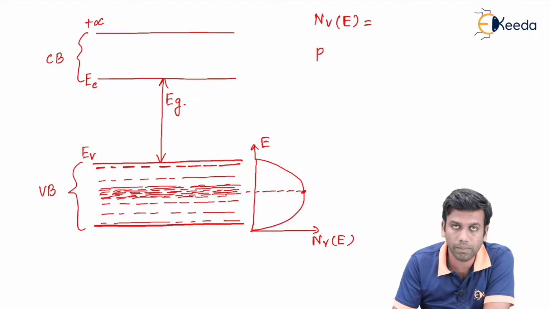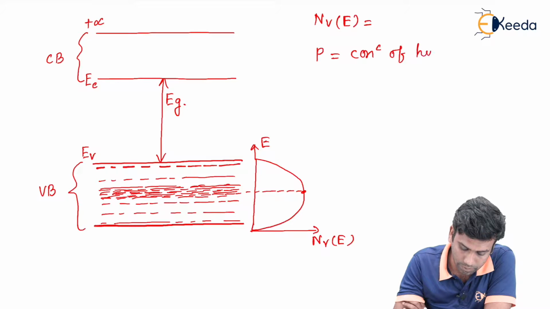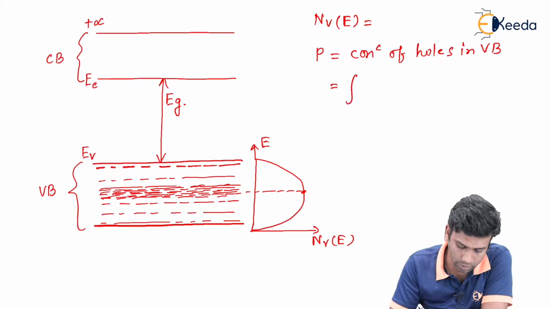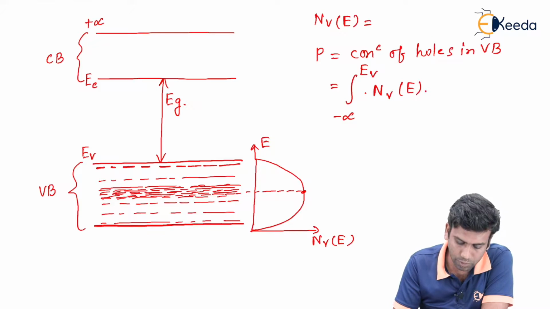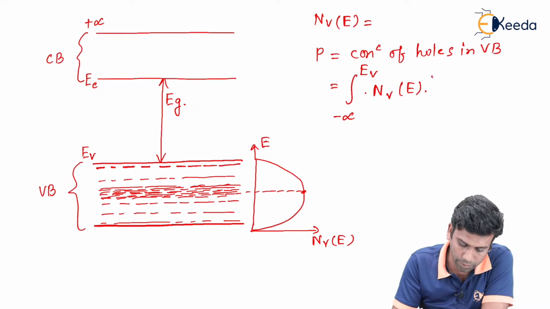Now the concentration of the holes inside the valence band is denoted by P, and this P will be the integration from minus infinity to EV of NV(E) into the probability of finding a hole inside this energy state, and it will be 1 minus F(E) into dE.